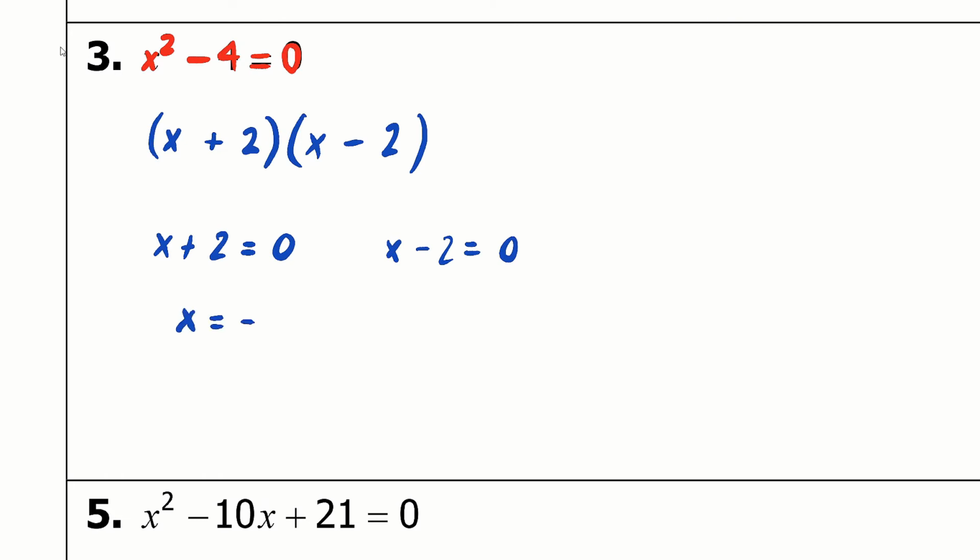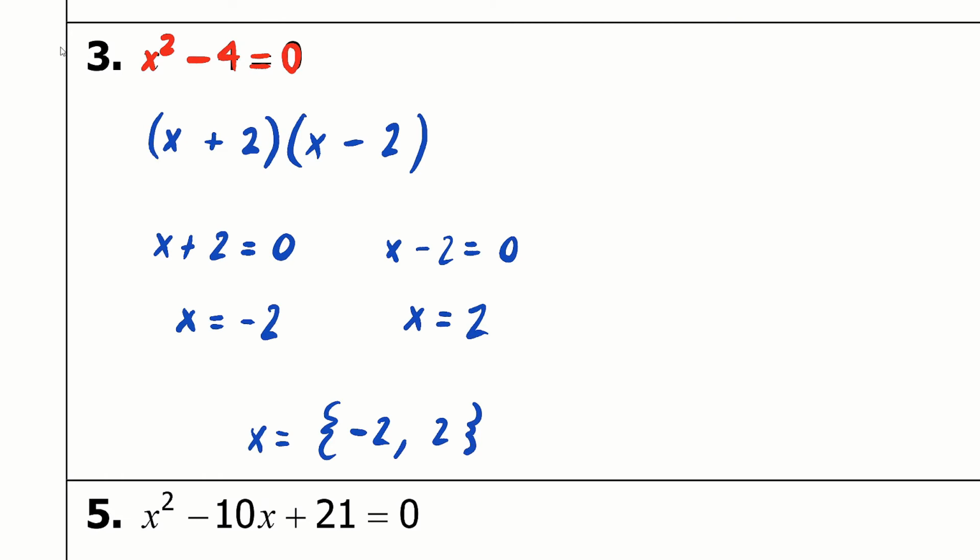It's at -2 because I subtract it, and it's at +2 because I add it. So my two solutions are -2 and +2. Remember, those are not ordered pairs. They're a solution set. Those are both the x-intercepts, okay? It's not a point at -2, +2. It's saying your x values are at -2 and +2, okay?